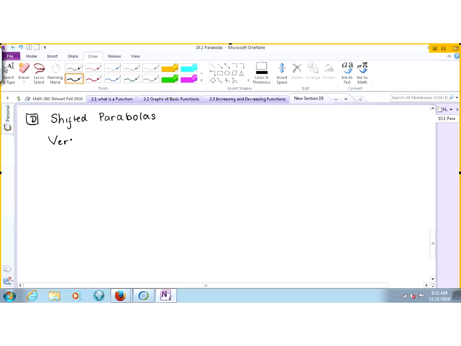So what about vertical parabolas? This one either opens up if P is positive, or opens down if P is negative.